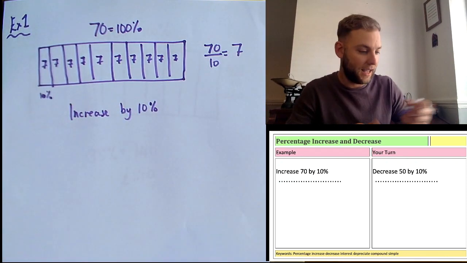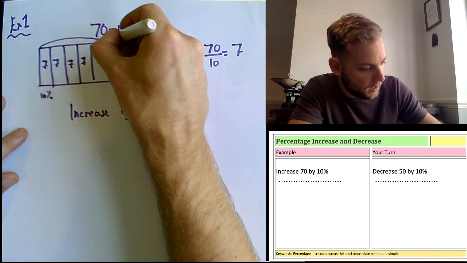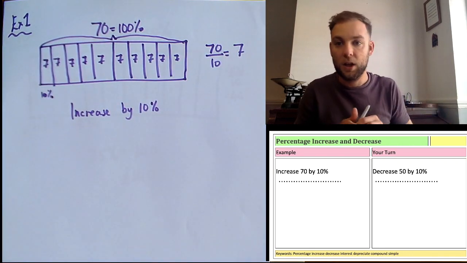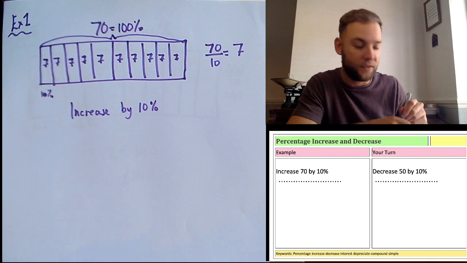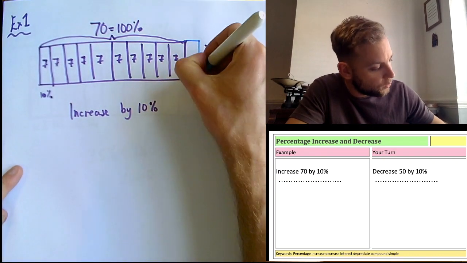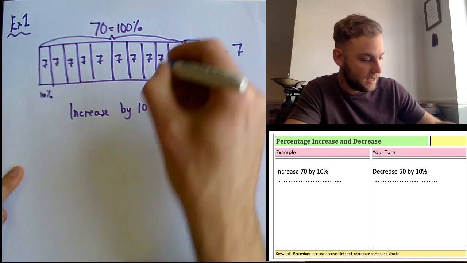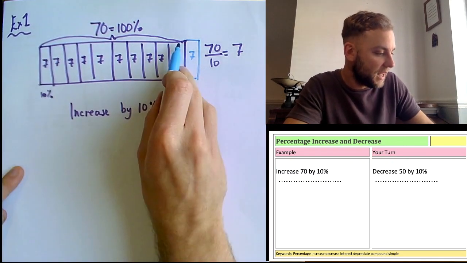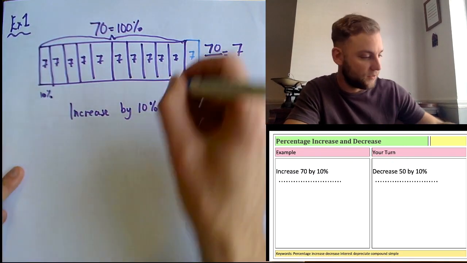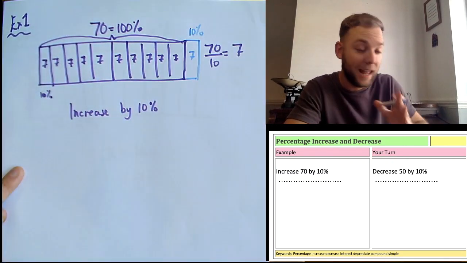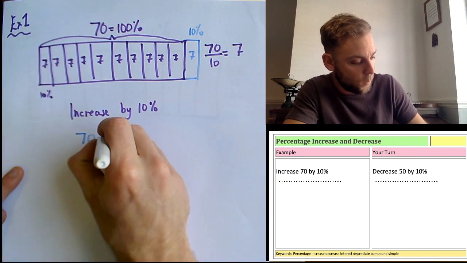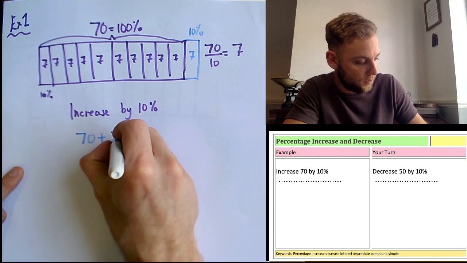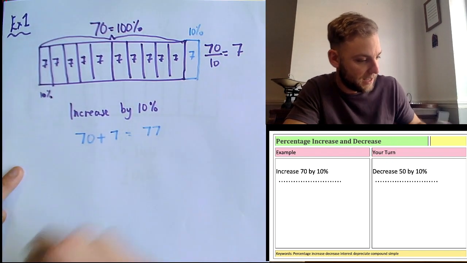So we've already got 100%, but I want to increase by 10%. Now 10% is just one of these, so I need an extra one on there, don't I? So it's going to be the 70 that I've got here plus this extra 7, the extra 10%. I'm increasing by 10%, so it's going to be 70 plus 7, which is equal to 77.